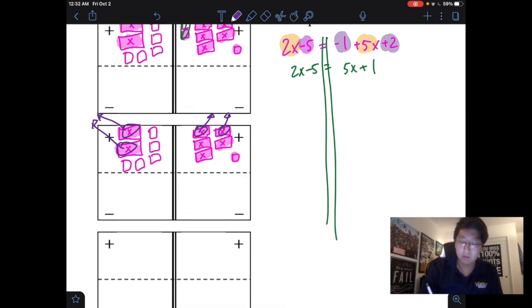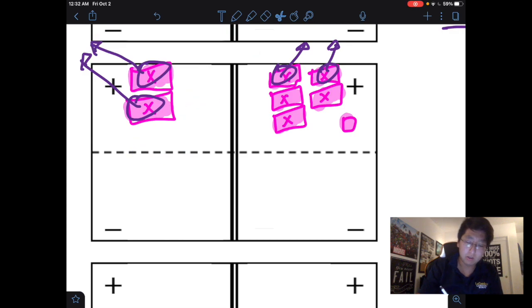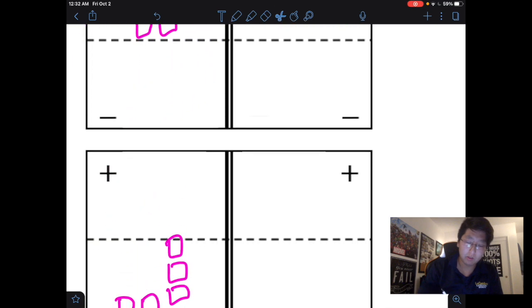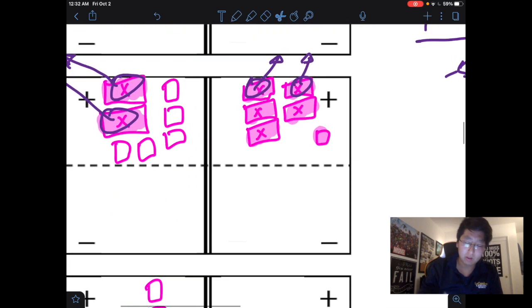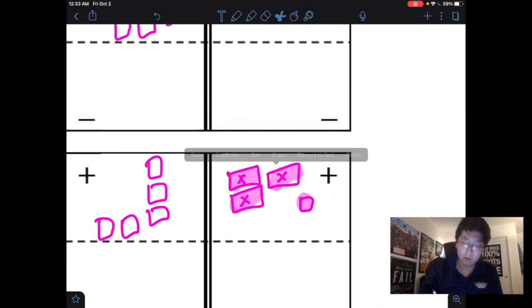So I should have minus 2x, minus 2x. We have negative 5 equals 3x plus 1. And you can see negative 5 is left on this side, and then 3x plus 1 is left on this side.